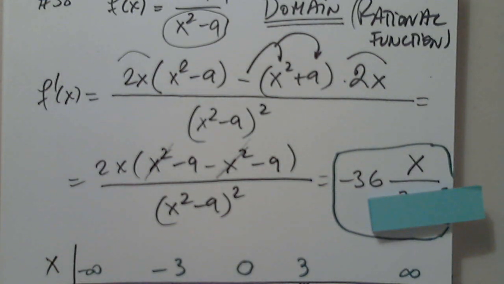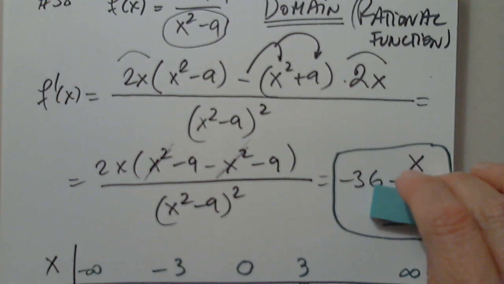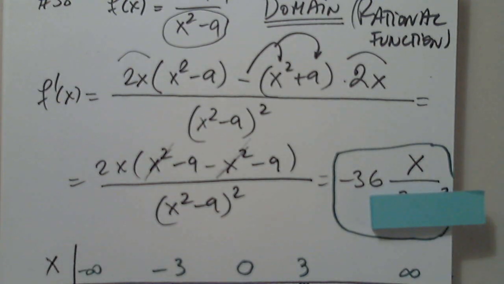I refuse to plug in numbers in x squared minus 9 squared. Why? What type of number will x squared minus 9 squared always be, forever?